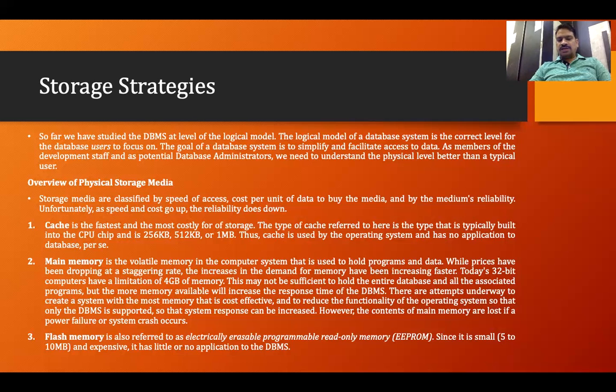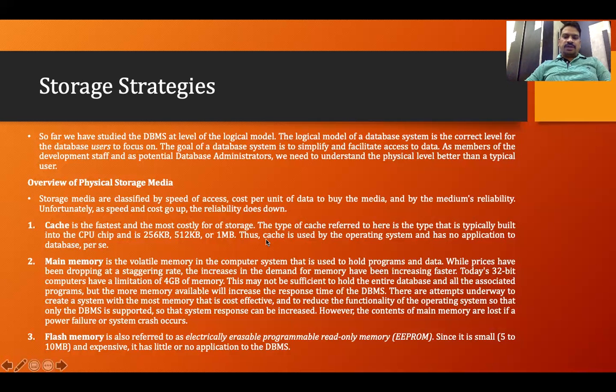So the sentence was written when the capacity of flash memory was very low. But nowadays, the capacity of flash memory is very high. As I told you, we can get 1 terabyte or 2 terabytes of flash memory or pen drives. So in today's scenario, we can use it. We may use it.